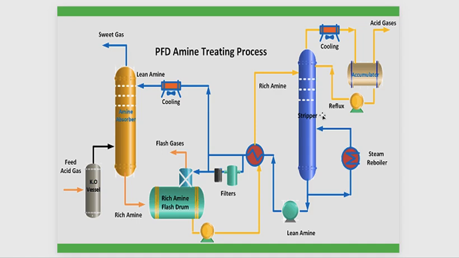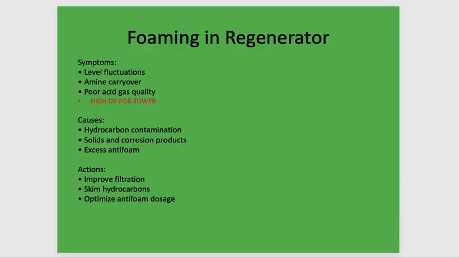So high delta P at this tower is one of the indications of foaming. Amine carryover, level fluctuation, and higher delta P at the tower indicate some foaming at the tower. Foaming is a common problem related to the amine regeneration unit.